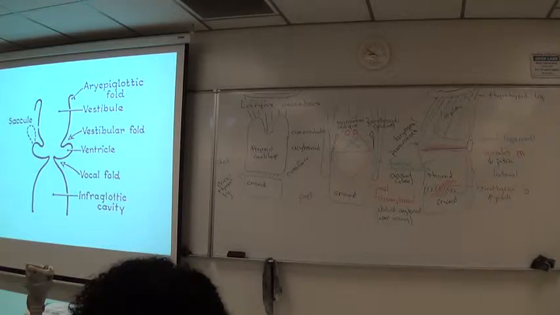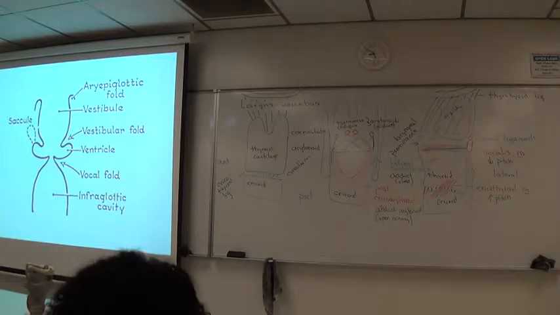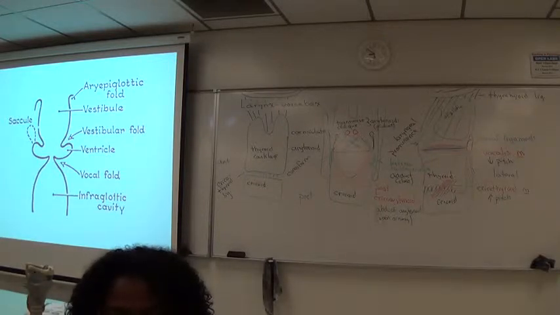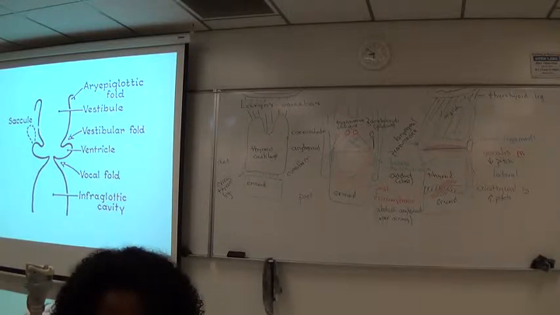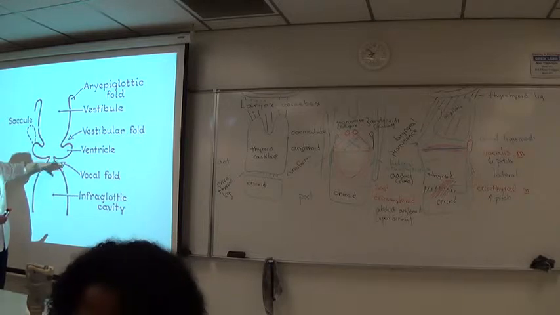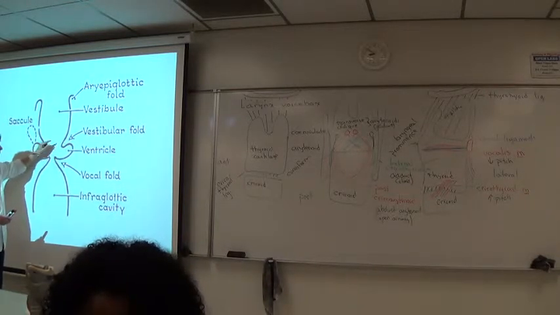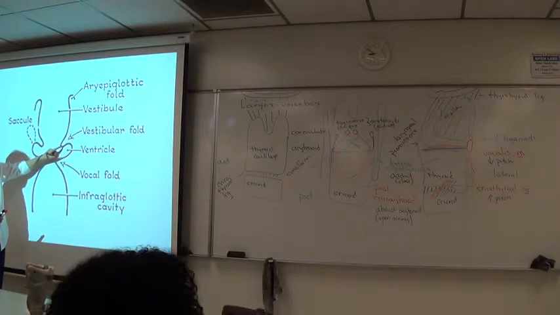All right, before we come back and do nerves, this is a coronal section through the larynx, here where the vocal ligaments are in this space here. And there is another fold just above them.